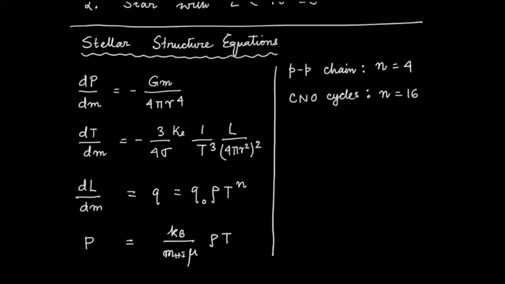The CNO cycle, which happens at a much larger temperature than where the pp chain happens, has n equal to 16. For example, for the pp chain to start, T critical for pp is about 4 into 10 to the 6 Kelvin. For the CNO cycle to start, it has to wait for a much larger temperature. All these numbers I request you to look at, because I am going to give you only this much in this lecture.